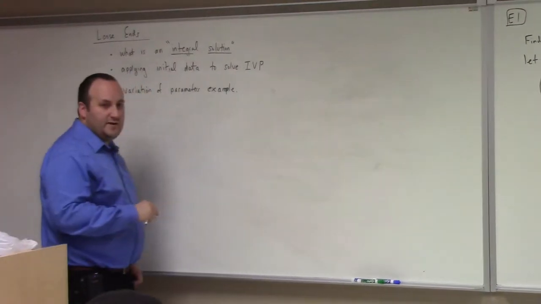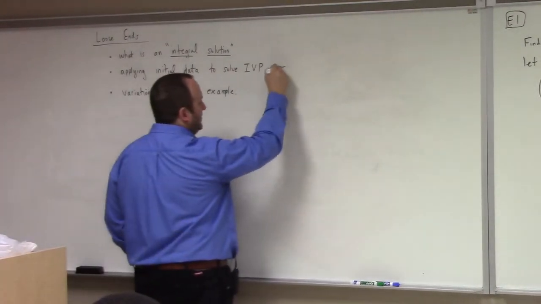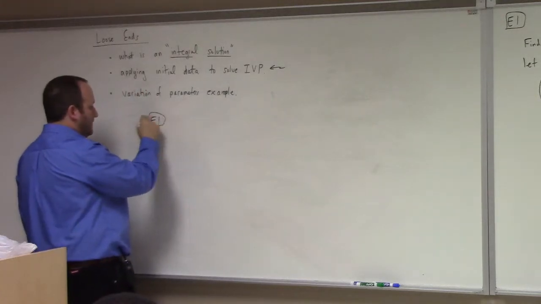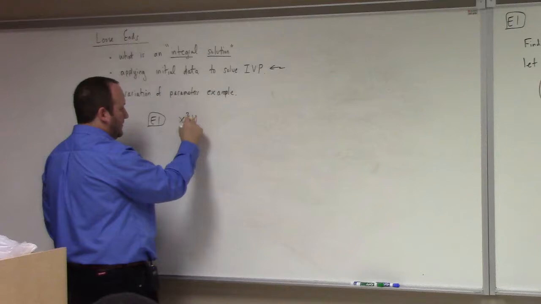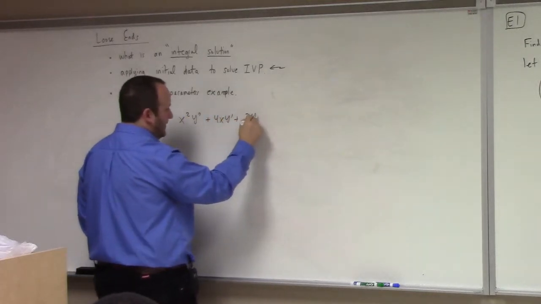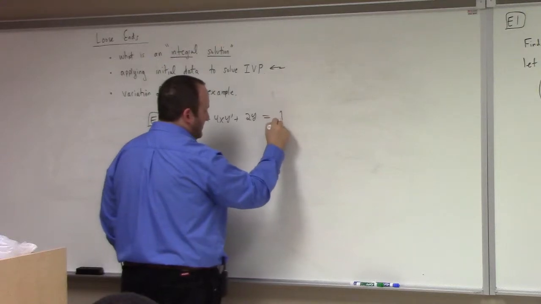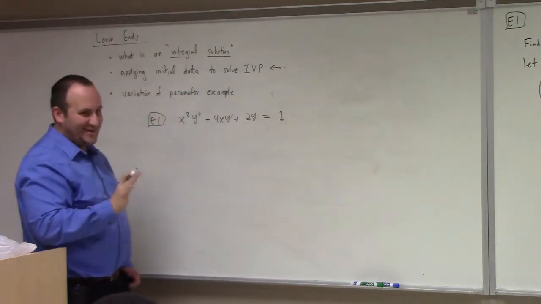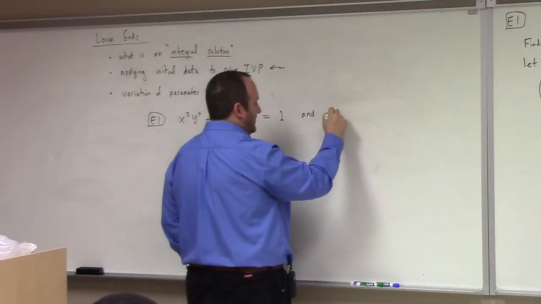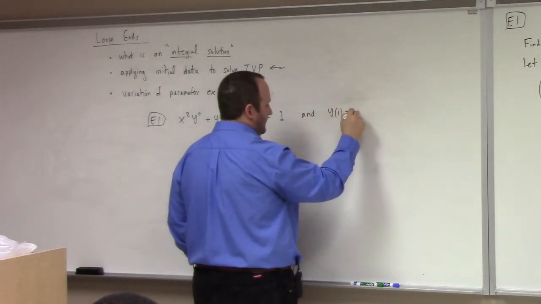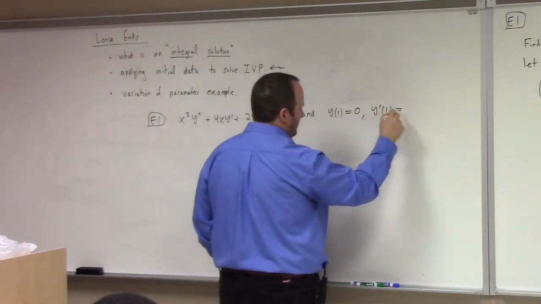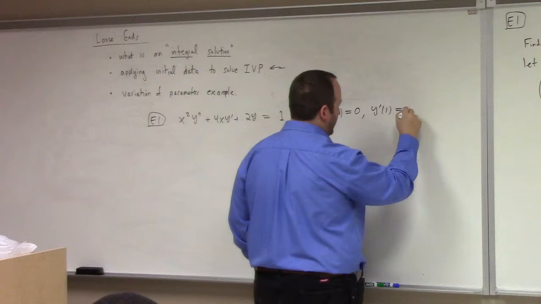We've already got everything we need to illustrate this second point here, right? So suppose you take my example 1, and let's look at x squared y prime prime plus 4xy prime plus 2y, and we'll keep it simple, equal to 1. Okay? And we also know that y of 1 is, let's say 0, and y prime of 1 is 3.